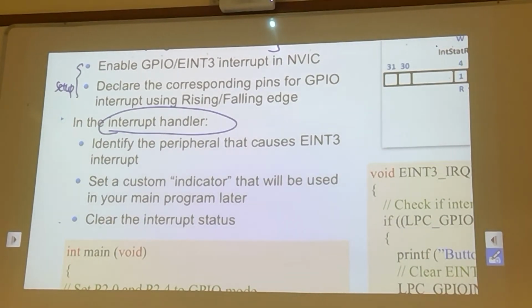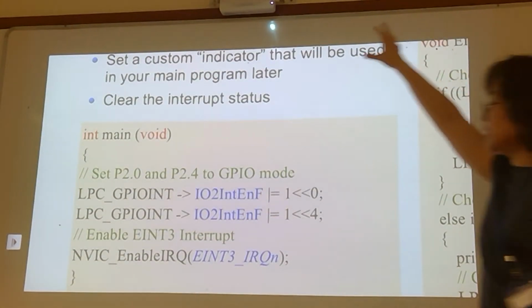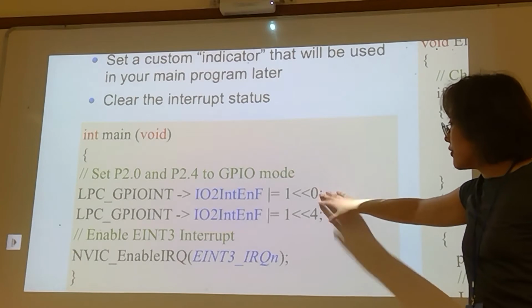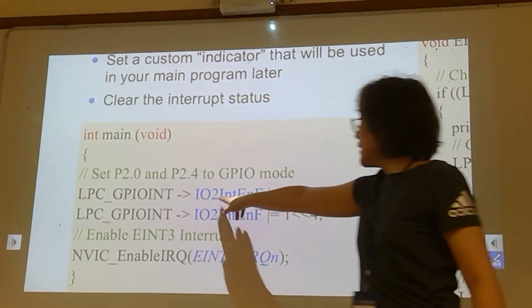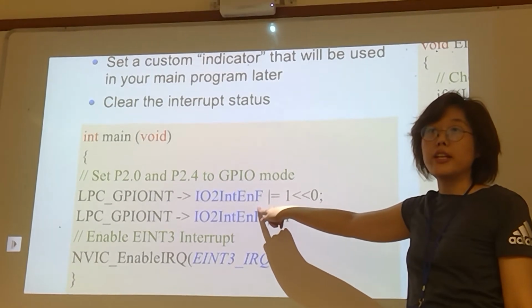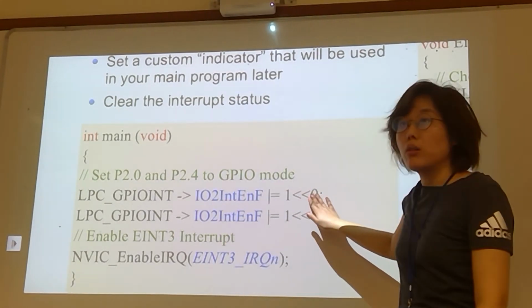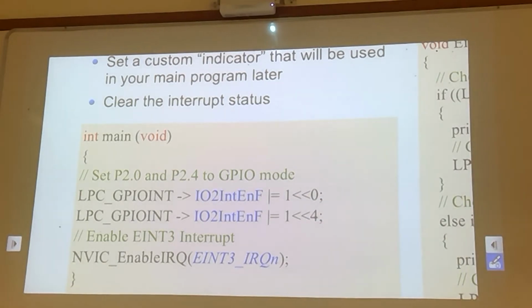Then how to write the code? As I mentioned, in the main function, you need to do the setup. Firstly, these two lines. Can you see that this is INT, E, and F? I'm using falling edge, port 2, pin 0, because remember we have two devices at port 2 pin 0 and port 2 pin 4.